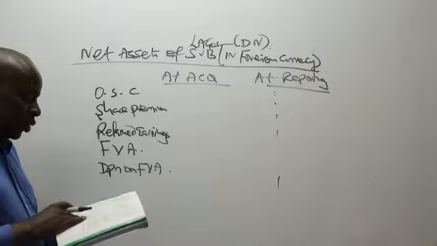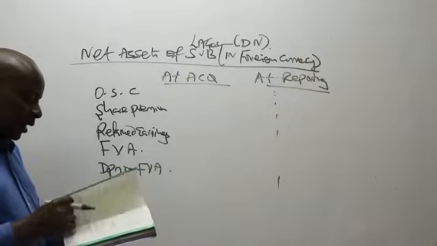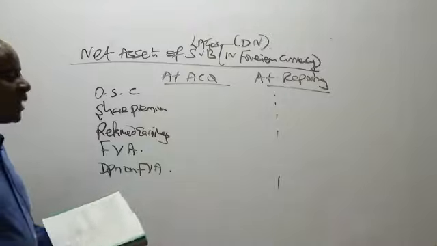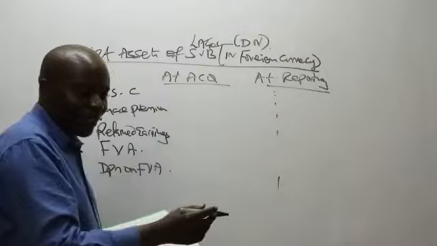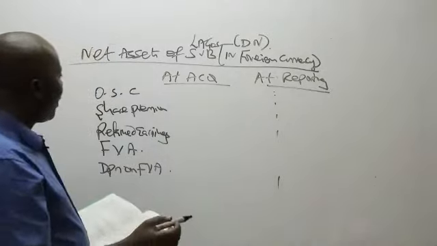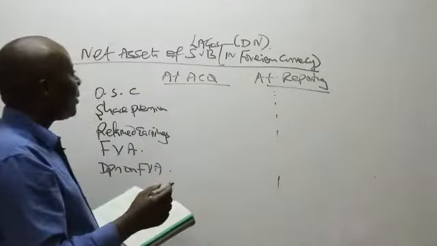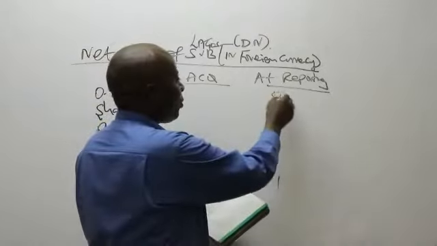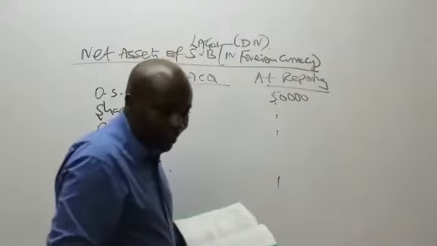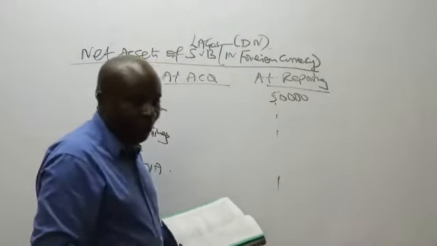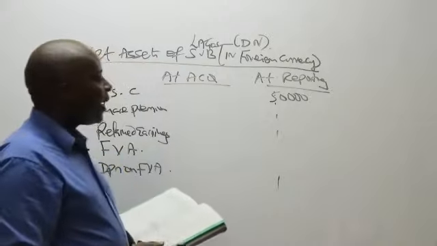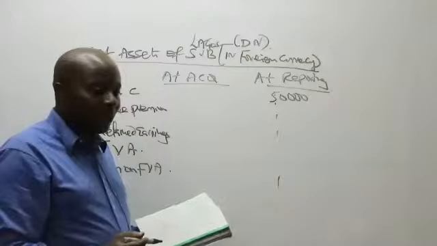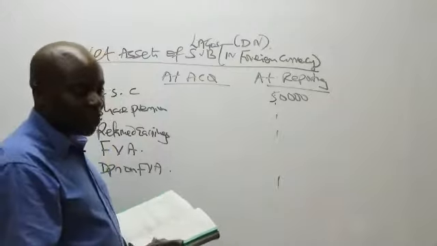At reporting is the same as at year end. For ordinary share capital of the company called Lagos, at reporting how much? Is there anybody who is able to see 50,000? How about share premium? How much are you able to see for share premium for Lagos? Thank you very much, Meshach.